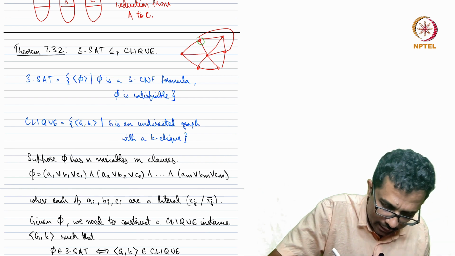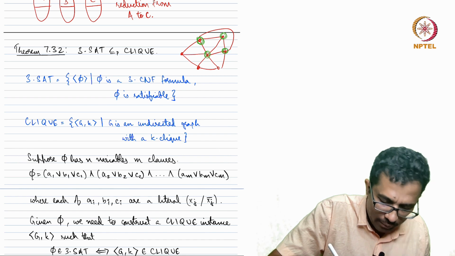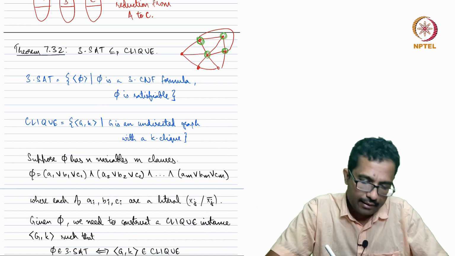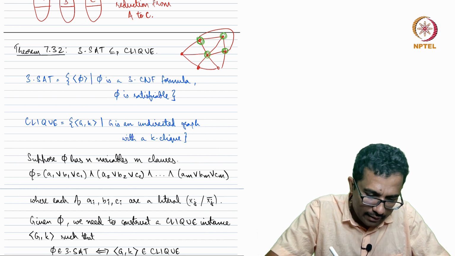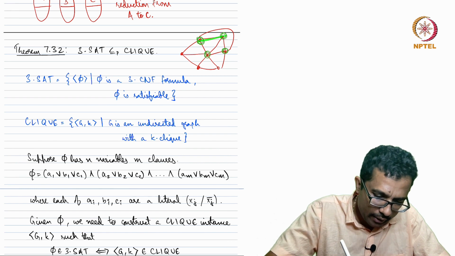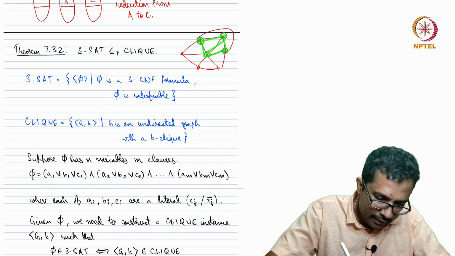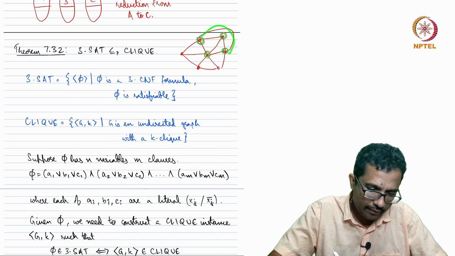So these 4 vertices constitute a 4-clique, because if you take these circled vertices, you take any pair of them, they are adjacent. This and this are adjacent, this and this, any pair is adjacent, right? So there are 6 possible edges, 1, 2, 3, 4, 5, 6, and all 6 exist, right?